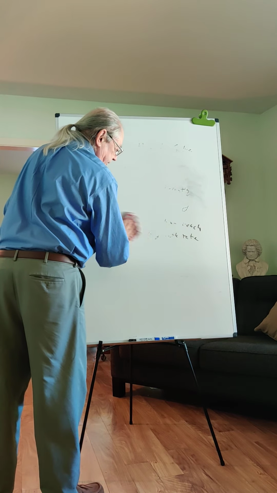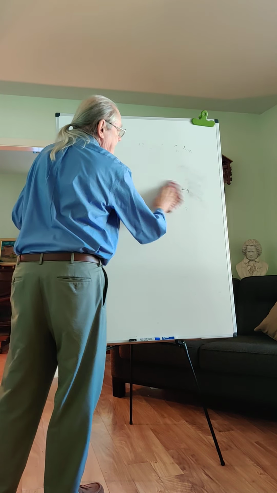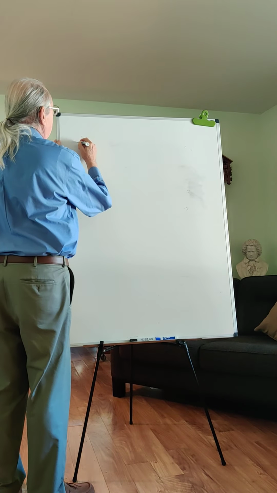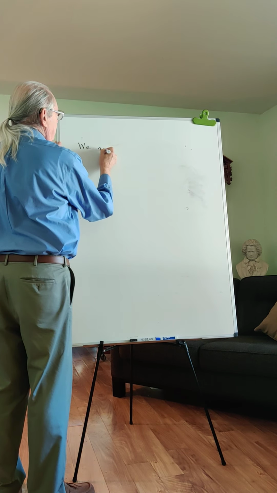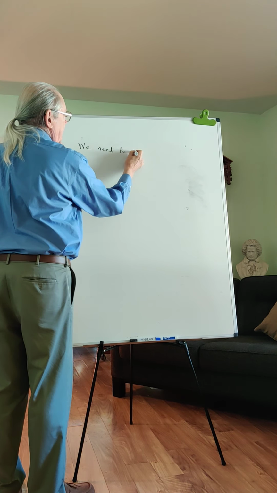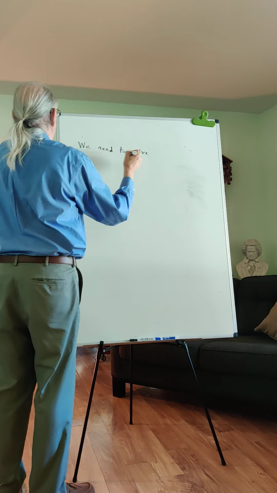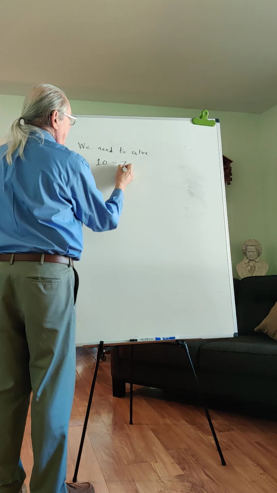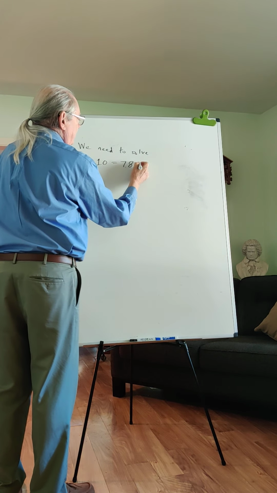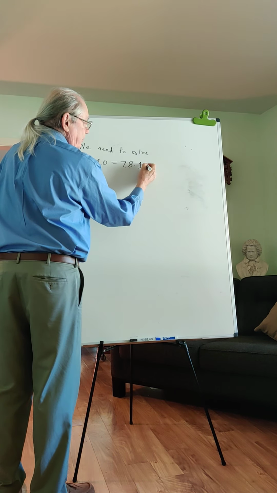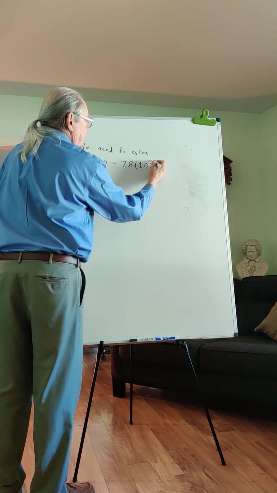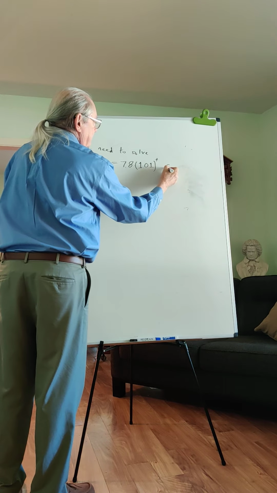So here's what we need to solve: 10 equals 7.8 times 1.01, think of 1.01 as 101%, to the power t, for t.